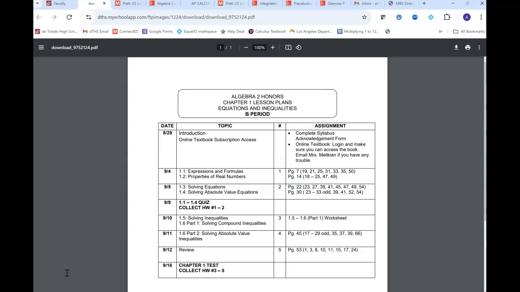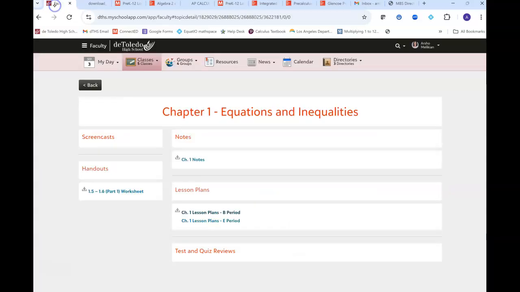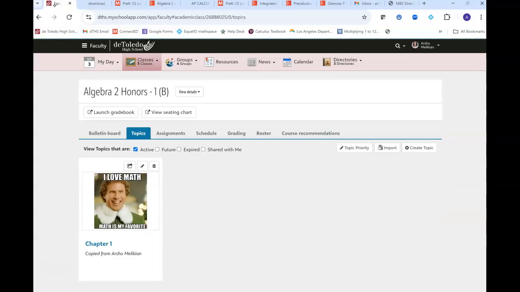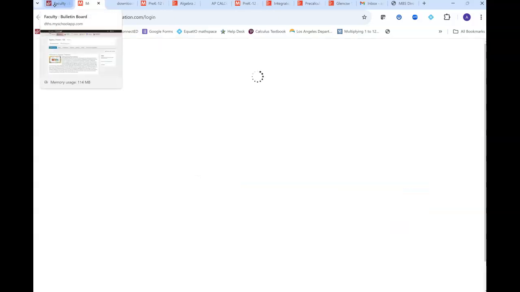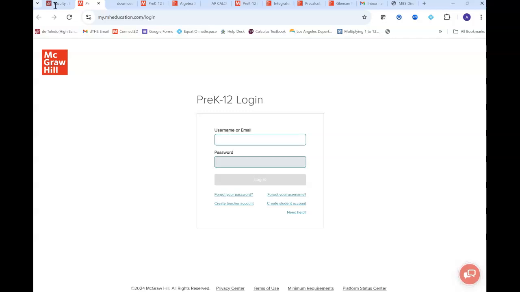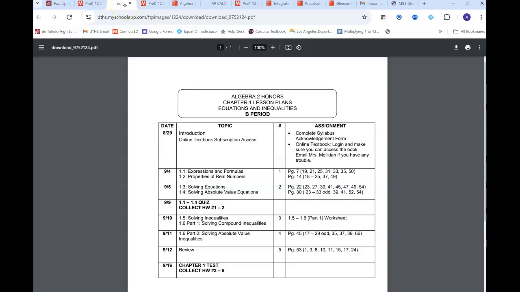All right, so to do your homework, you're going to go back to the MyJag page. In the bulletin board, on the right-hand side at the bottom here, the bottom link here is your textbook. You click on that, and you are going to log into your textbook just like we did last time. So you're going to go first to page 7, and you're going to do that.